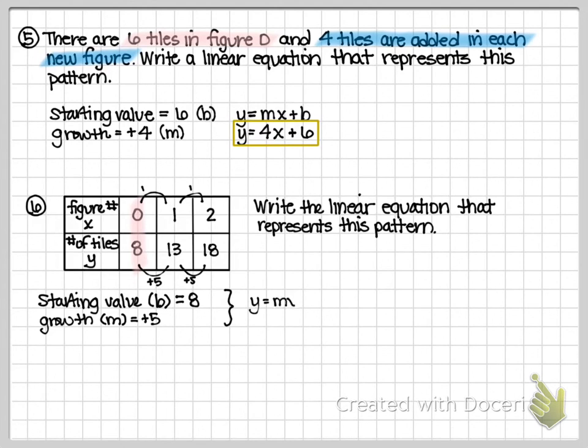So my equation is y equals mx plus b. Now I'm just going to slide the things in where they belong. So y equals, okay, my m was my growth. That is a positive 5. Bring the x with you, plus however many tiles you had in figure 0, which is 8. That is the correct answer to question number 6.